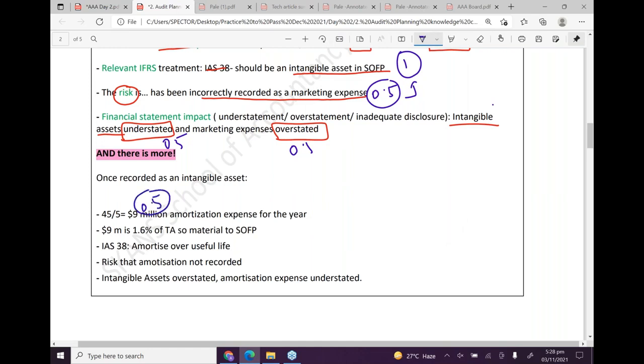You can comment on amortization's materiality, but you only get 1 mark for either the asset or the amortization. You need to explain that asset has to be amortized over its useful life. Risk is that amortization is not recorded. Therefore, assets are overstated, expenses are understated. If this is not done, this is the financial statement impact.